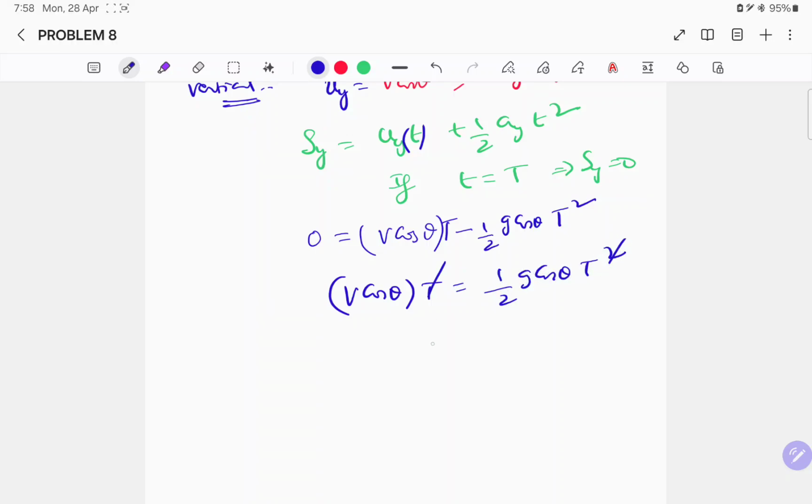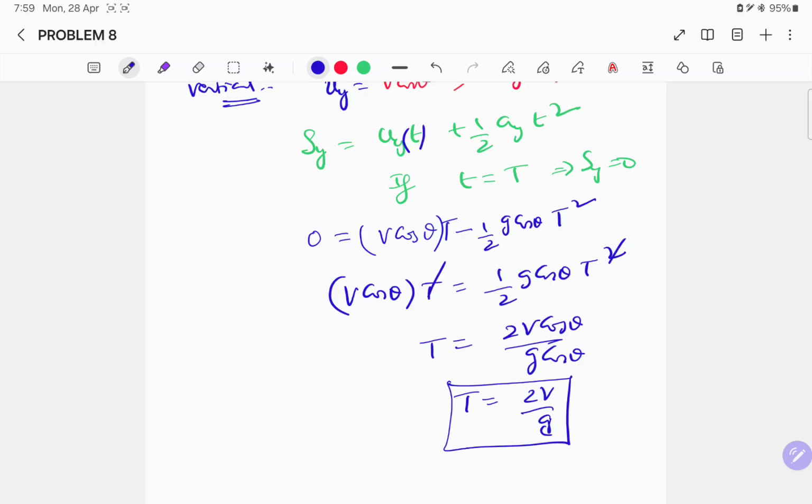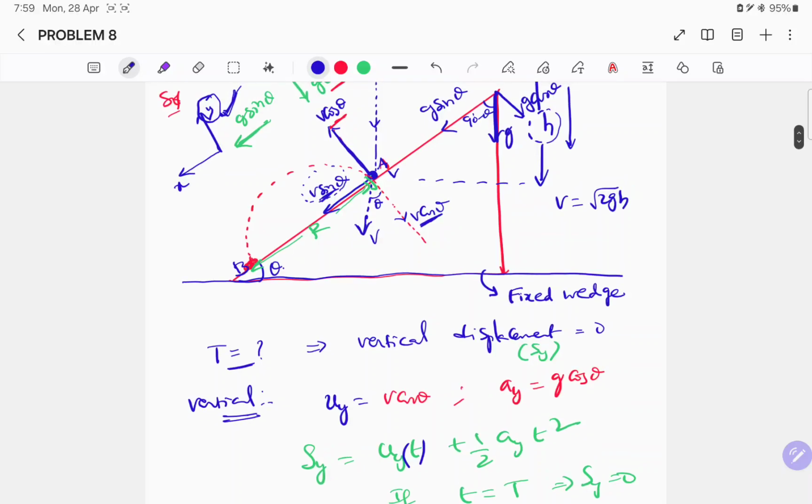One t will be cancelled. So t you get as 2V cos theta by g cos theta, where you can get t as 2V by g. Okay, so you got to know the time of flight of this projectile on the inclined plane.